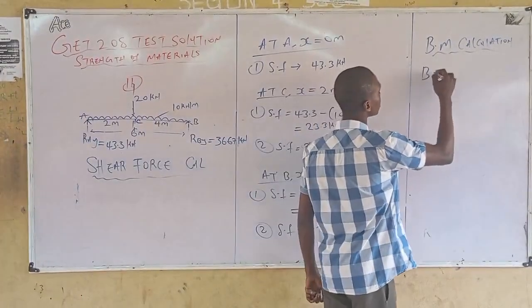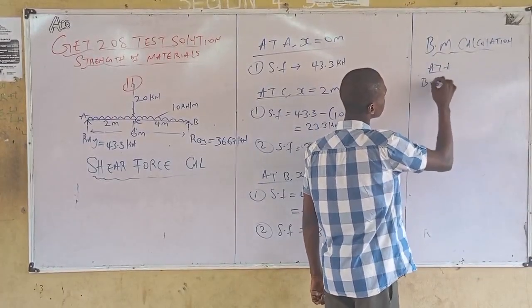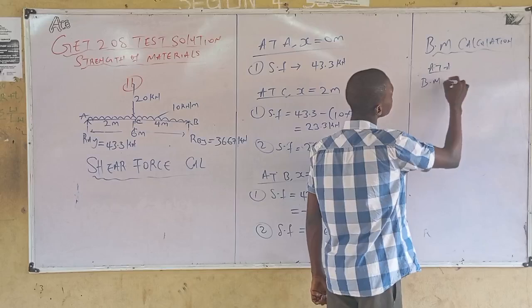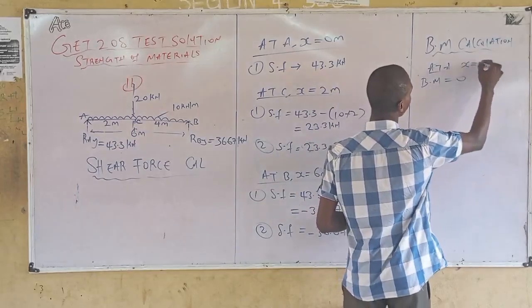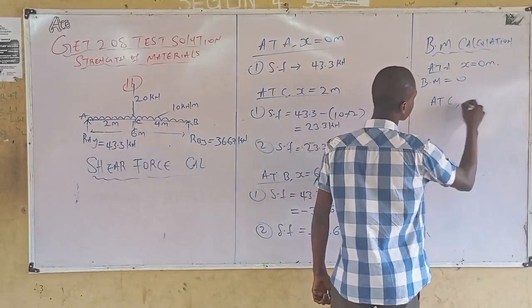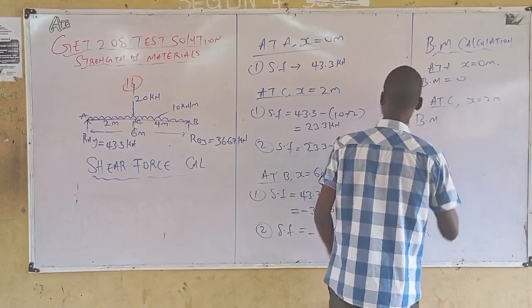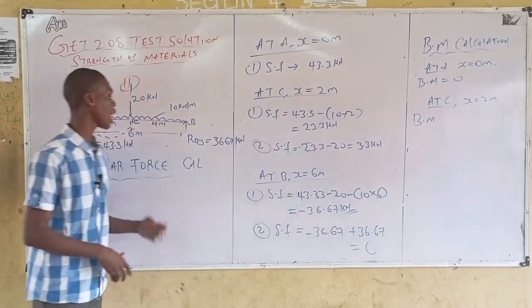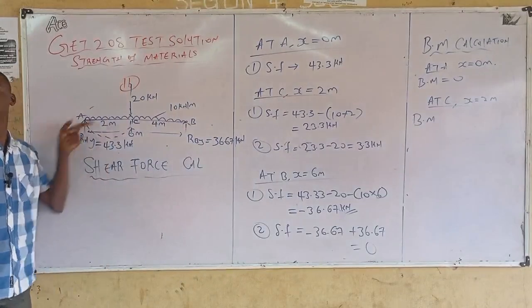Bending moment at A equals 0, right? At A, x equals 0 meter. The next point is what? At C, x equals 2 meter. What will be the value of bending moment? Before point C, I have this support, which is R_A, and a UDL.